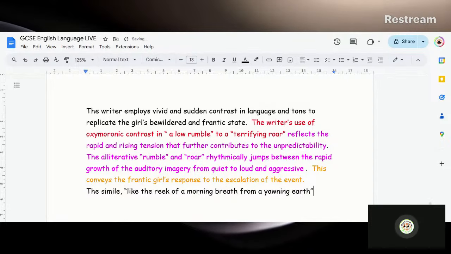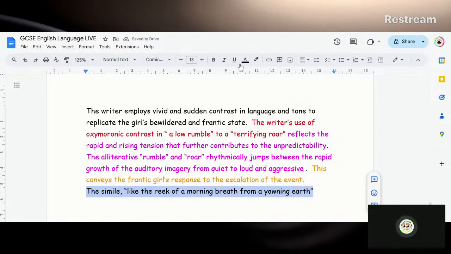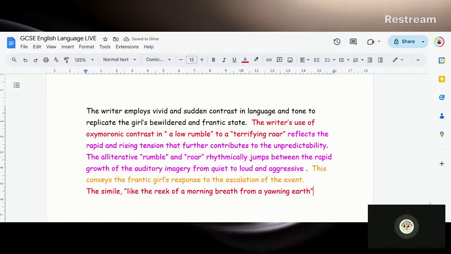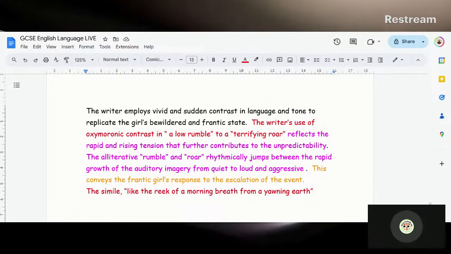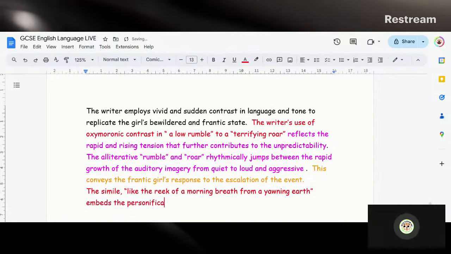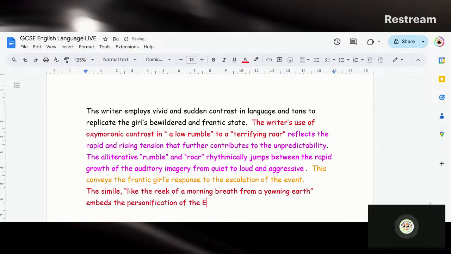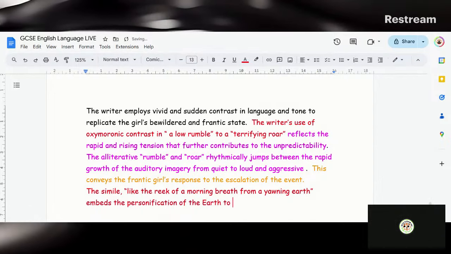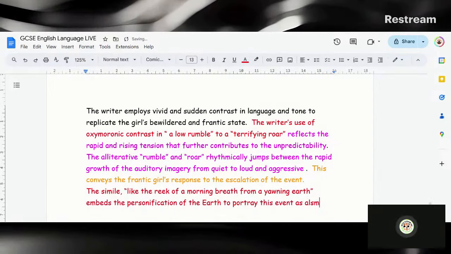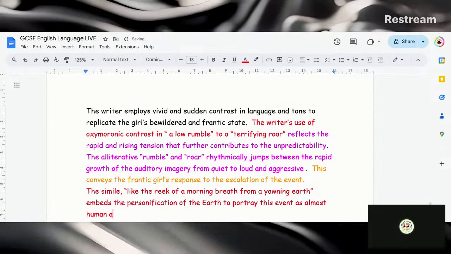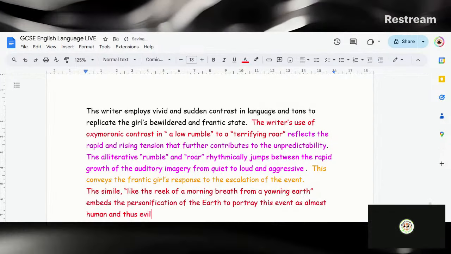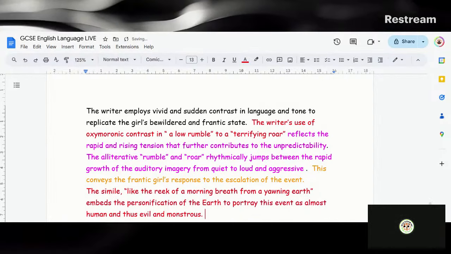So this is an interesting one as well. And we've gone straight into talking about the quote, so there's no point there, and no point needed because we had the initial opening point for the paragraph. So the simile, like the reek of a morning breath from a yawning earth, embeds the personification of the earth to portray this event as almost human and thus evil and monstrous.